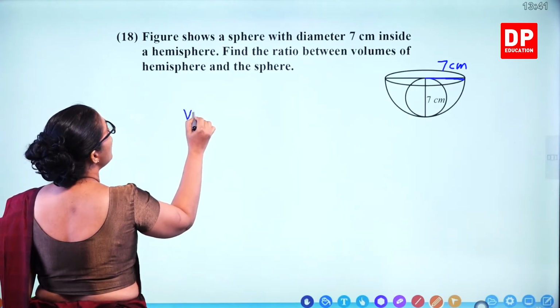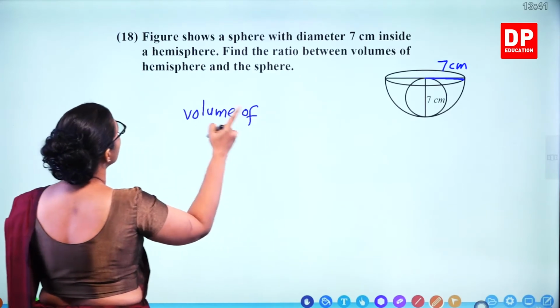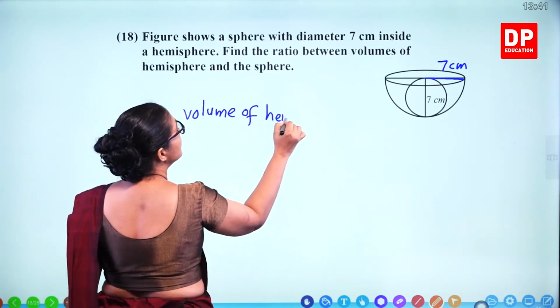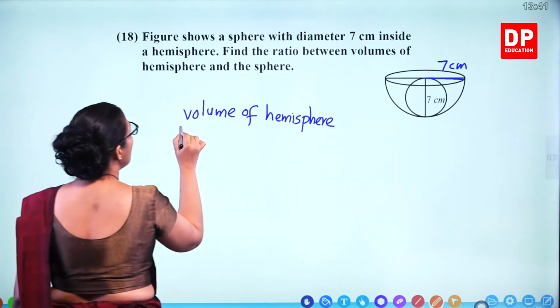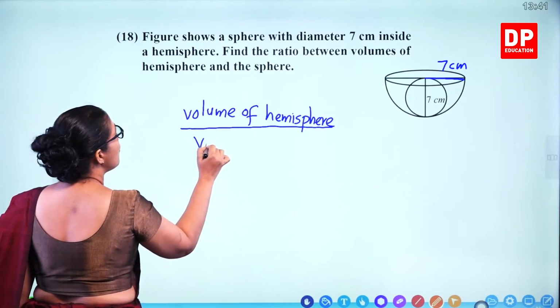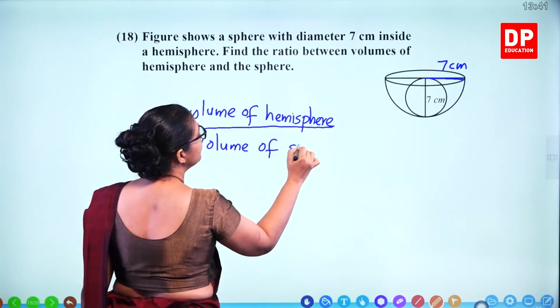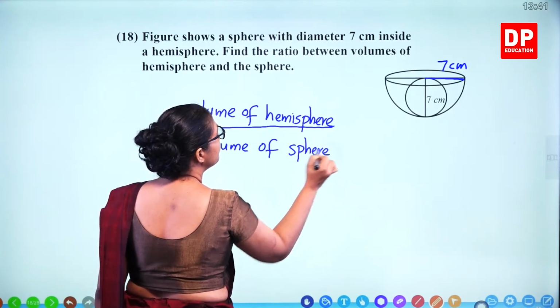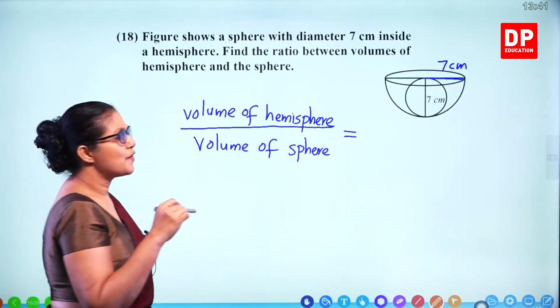So volume of hemisphere over volume of sphere. Now take the ratio. What's the volume of hemisphere?